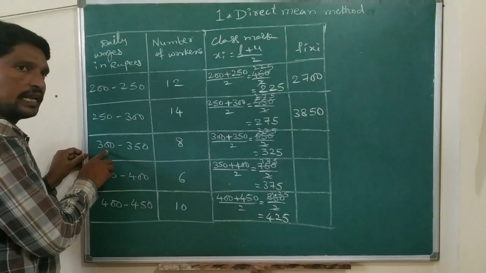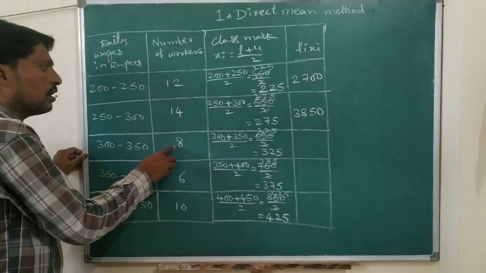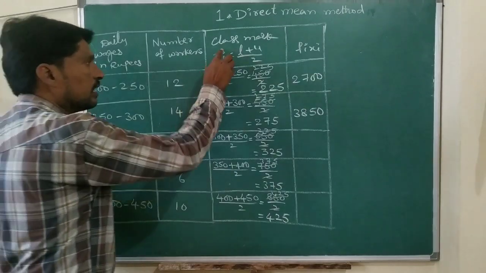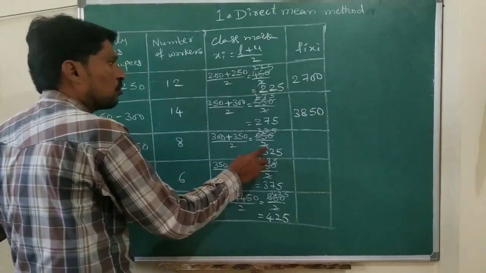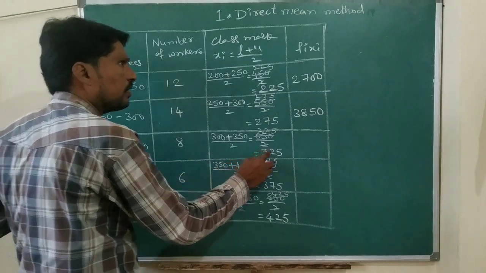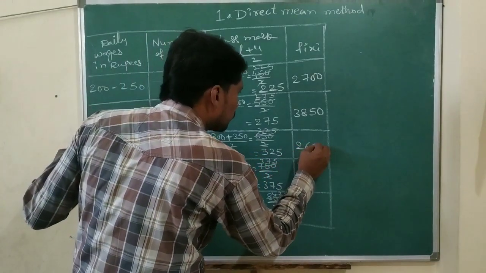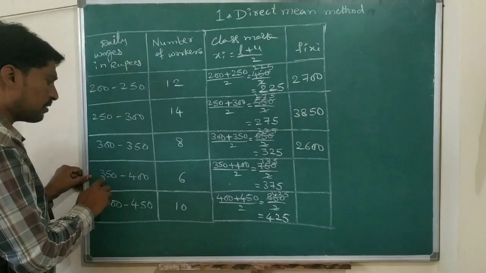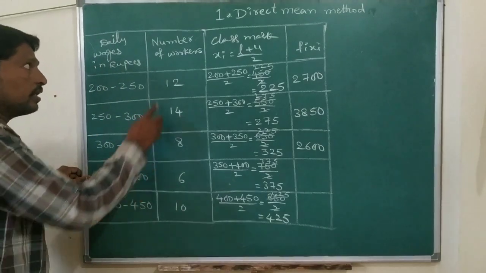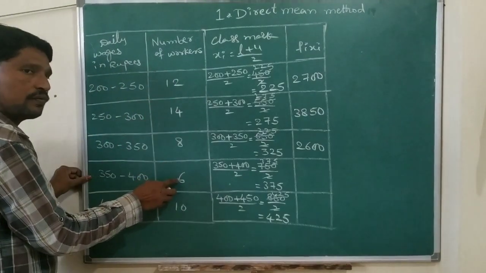Next, the 300 to 350 class interval, fi is 8 and xi is 325. So 8 into 325 equals 2600. Next class interval 350 to 400, number of workers means it is the frequency.